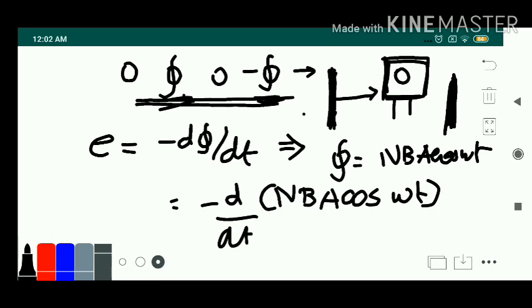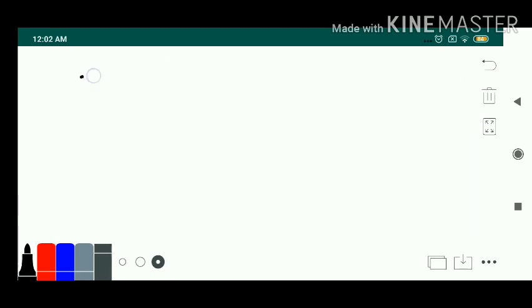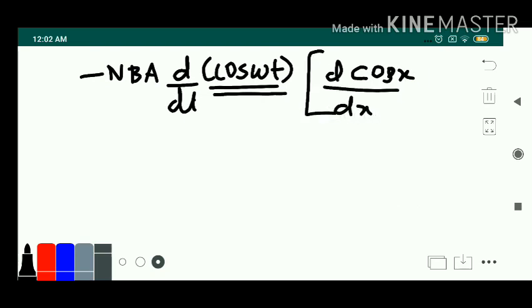Now we have to differentiate this term. How would I differentiate it? NBA is a constant term, so I will bring it outside. D by dt of cos omega t. So how would I express it? What is the differentiation of cos x? D by dx of cos x is what? Minus sin x.